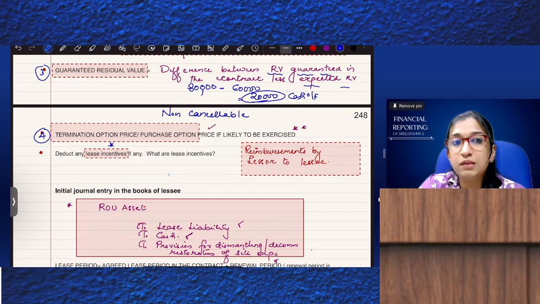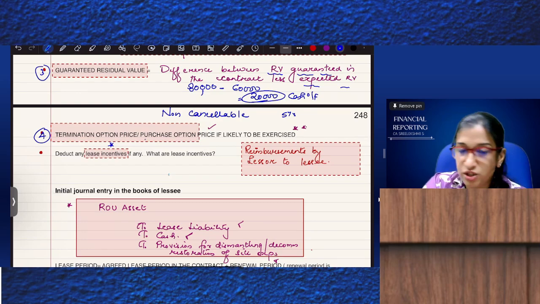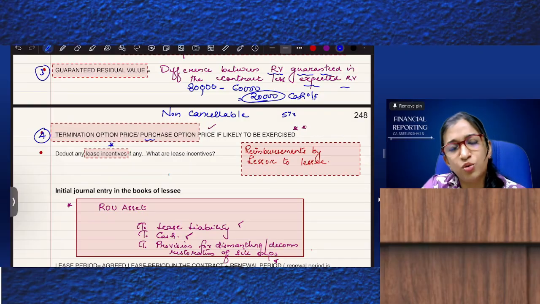So for non-cancelable leases, definitely there will be termination penalties. Do you think it's a 5-year contract that will be cancelled in between? Yes, then you need to pay the penalty also. So you take that termination option price. Now, most lease contracts have a purchase option for the lessee. If there is a purchase option likely to be exercised, you take that purchase option price also.